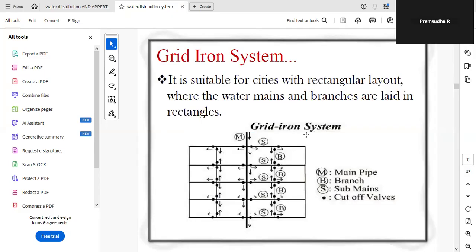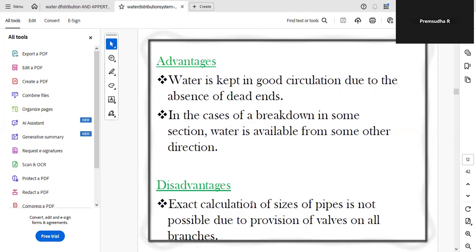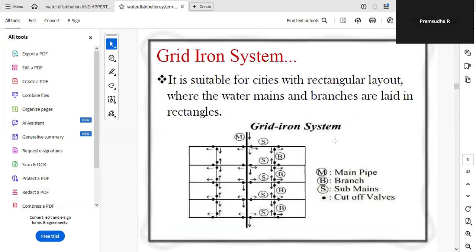The grid iron system is suitable for cities with a rectangular layout, where the water mains and branches are laid in rectangles. Here you can see the sub mains to the branches, there are cut-off valves. Water is kept in good circulation due to absence of dead ends. In case of breakdown in some section, water is available from some other direction.